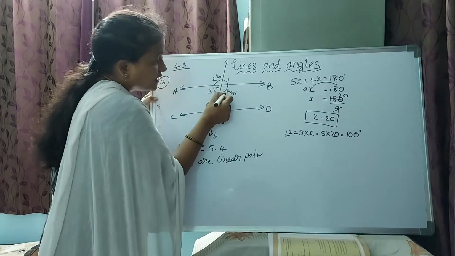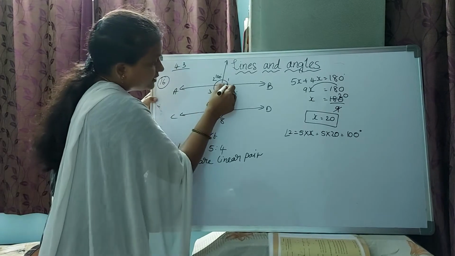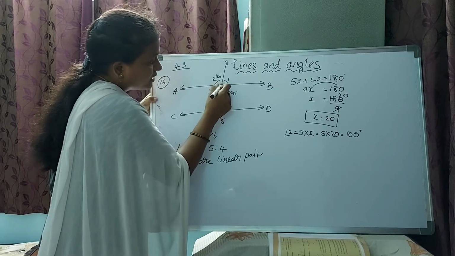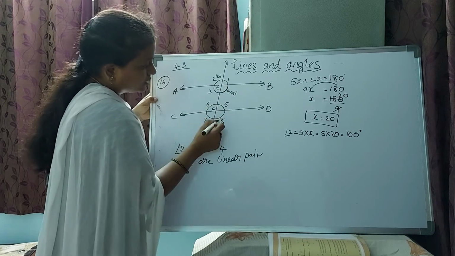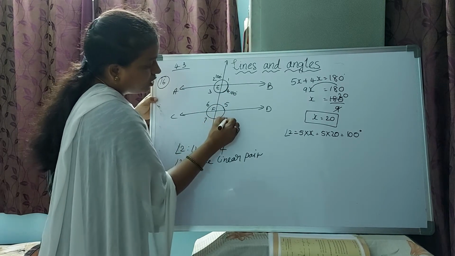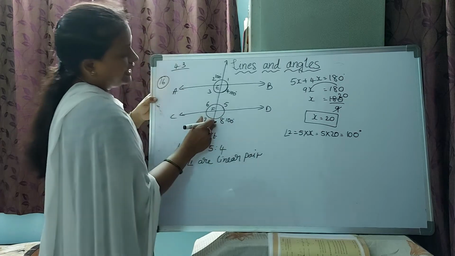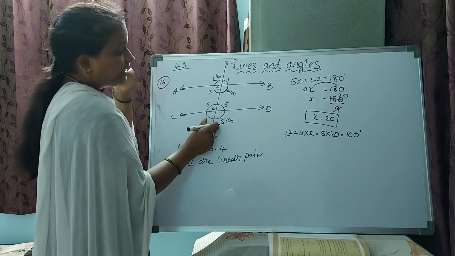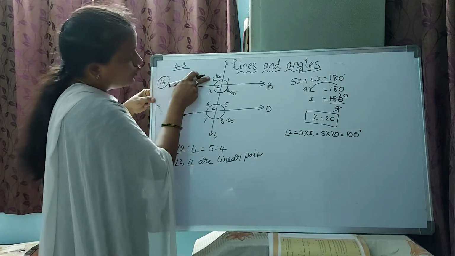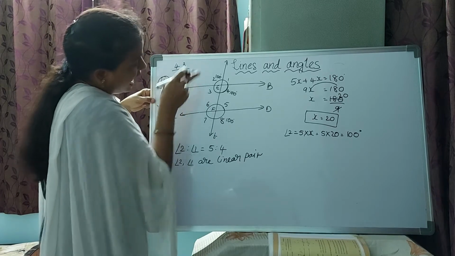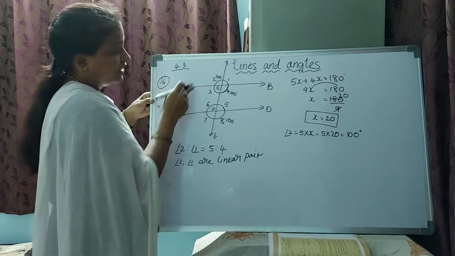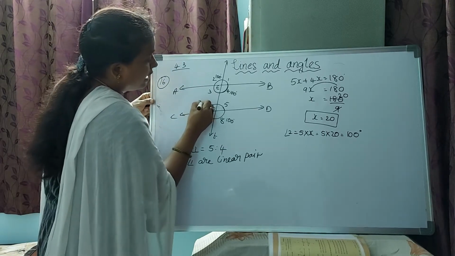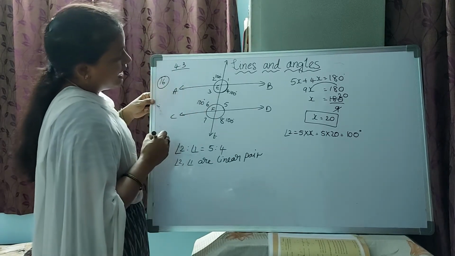If angle 4 is 100, this angle is corresponding to this angle, so angle 4 is equal to angle 8, also 100 degrees. If angle 2 is 100 degrees, angle 6 is also 100 degrees, because these two are corresponding angles.